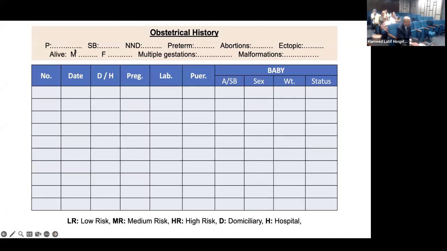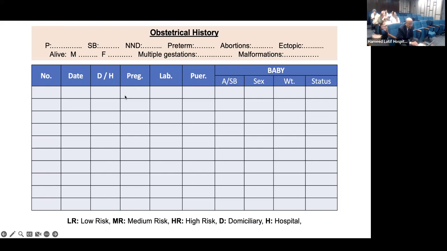Here it is: parity, stillbirths, neonatal deaths, preterm, abortion, ectopic, alive, male, female, multiple gestations, malformations history, yes or no. But for each pregnancy, 1, 2, 3, 4, 5, 6, the date: when did she deliver? Was it a domiciliary delivery or a hospital delivery? Domiciliary is at home.